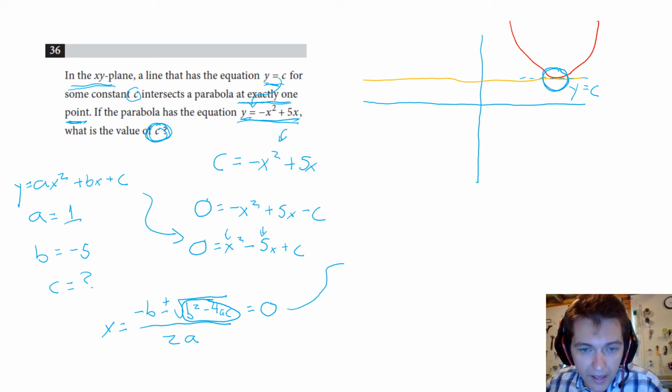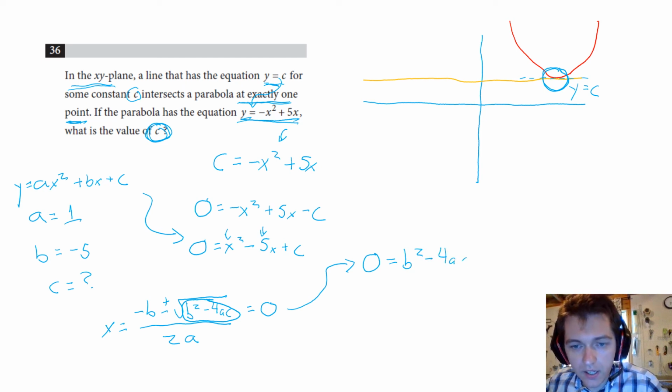You can pull that out, write it again. 0 is equal to b squared minus 4ac. Use the a and b that you found from the equation they give you in the problem. So you have 0 is equal to negative 5 squared minus 4 times 1 times c.